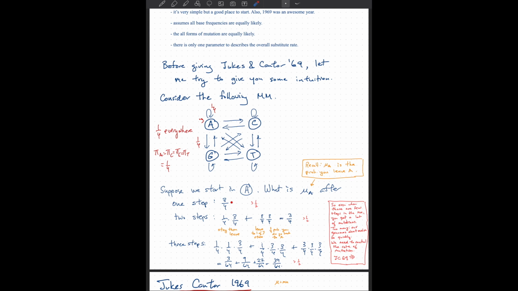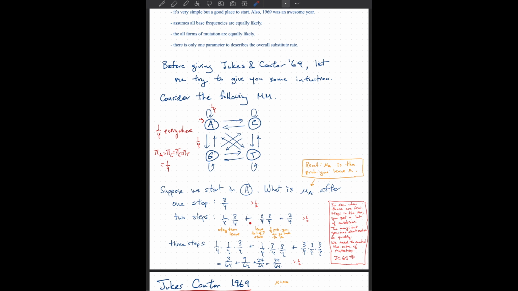So what about 2 steps? Well, how would I calculate that? Well, that goes back to that Q matrix, but here's when you do it by hand. Here's what can happen after 2. If I started in state A, I could stay in A, and then I could mutate away. There's 3 ways to mutate away to G, C, or T, so it's 1/4 times 3/4.